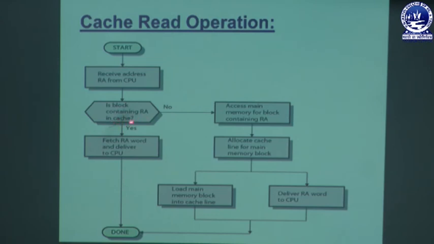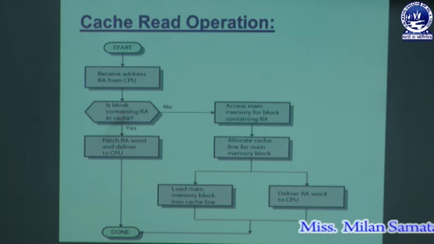If it is not present in the cache, that means it is a read miss, because during the read operation, if the data which the CPU wants to read is present, then that is a hit operation, and if it is not present in the cache, then that is our miss operation.